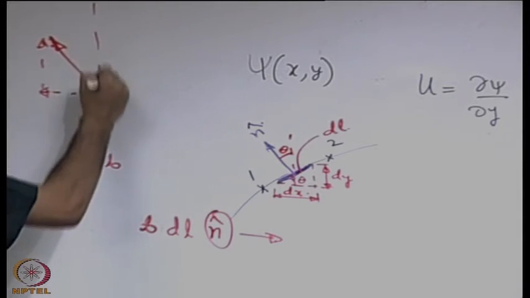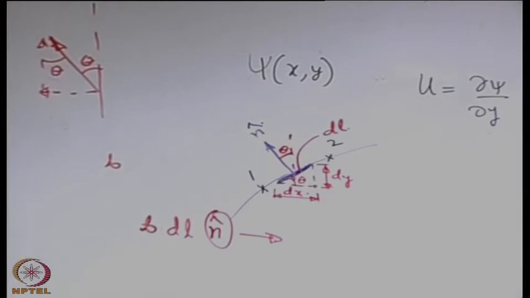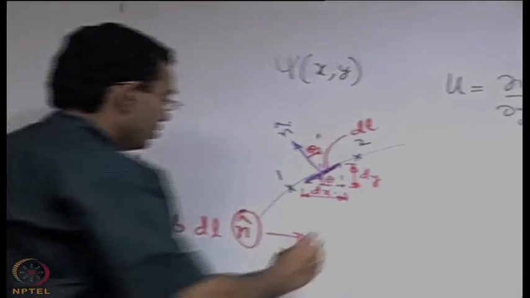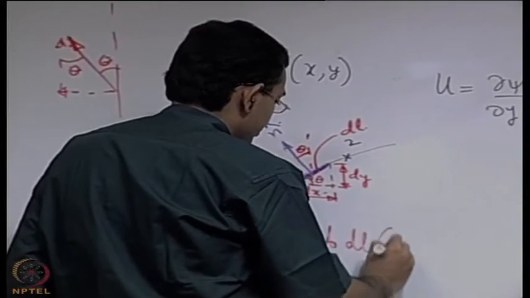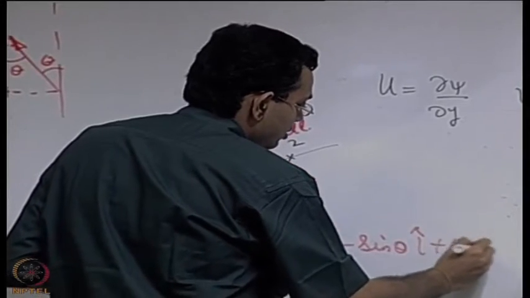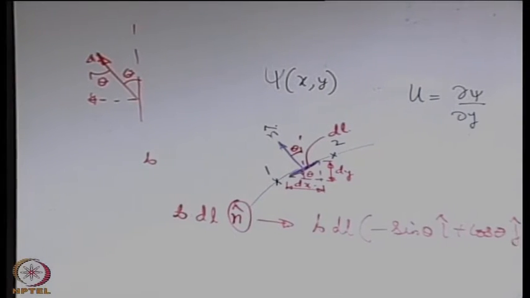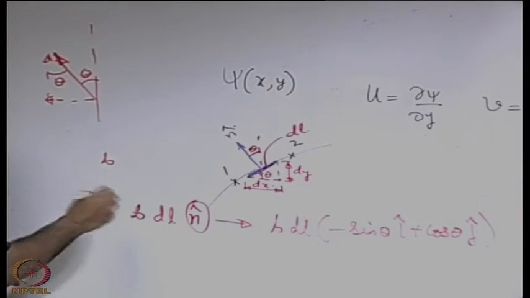Remember that this angle is theta, that means this angle is theta. So, x component is minus sin theta and y component is cos theta. So, b dl times minus sin theta i plus cos theta j. So, this is basically the area.